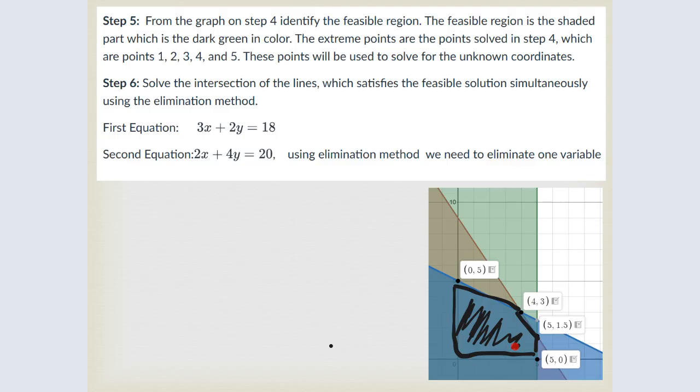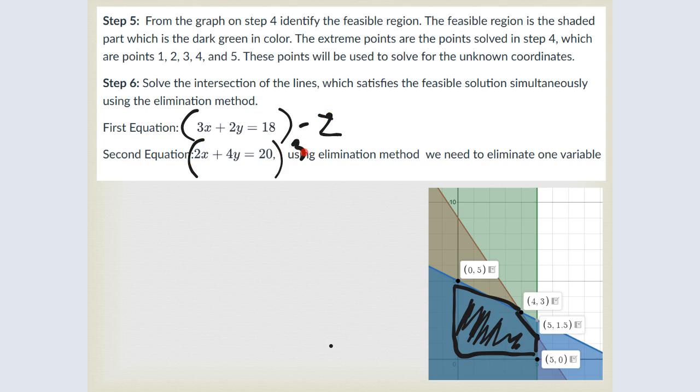Let's say we want to eliminate x. For the first equation, 3x plus 2y equals 18, we need to multiply this by negative 2. Then the second one we just multiply by 3.